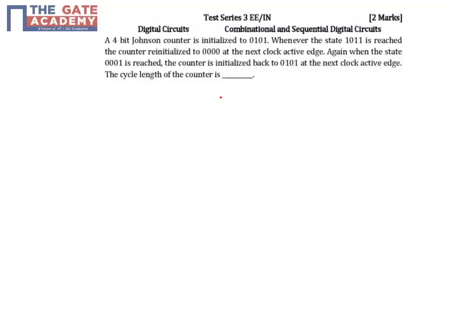So initially the value is 0 1 0 1. I'll give names to these: let us say this is Q0, Q1, Q2 and Q3.